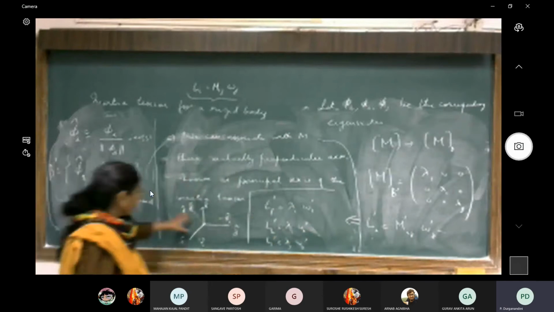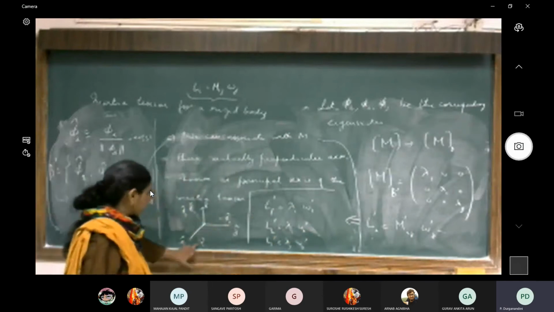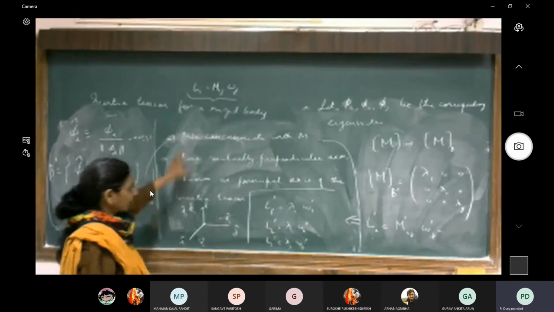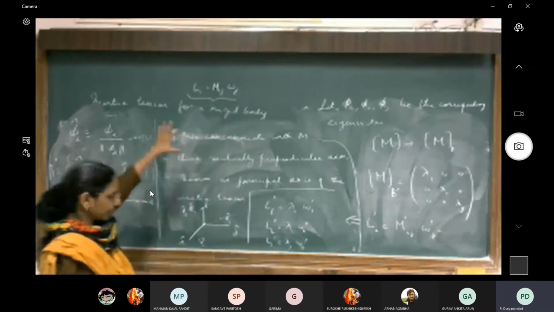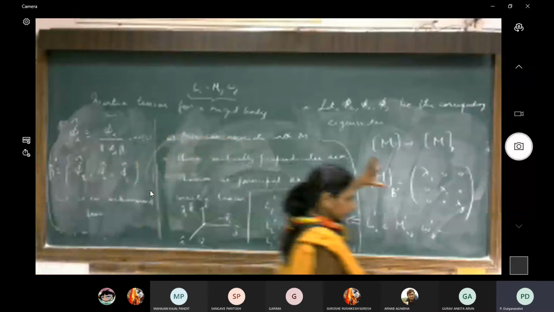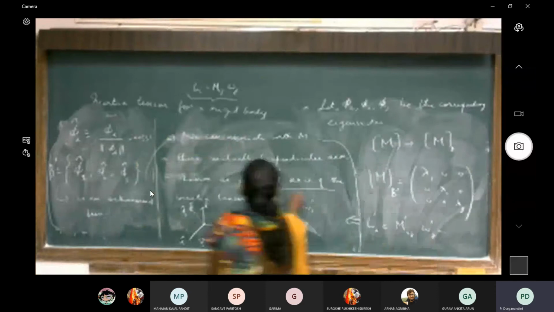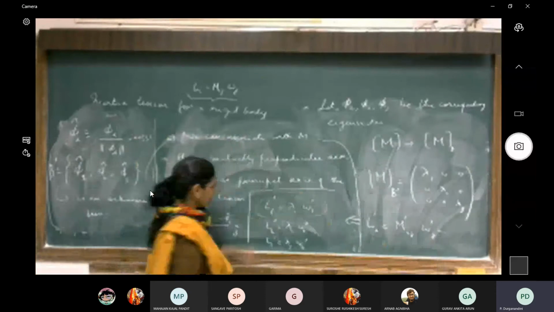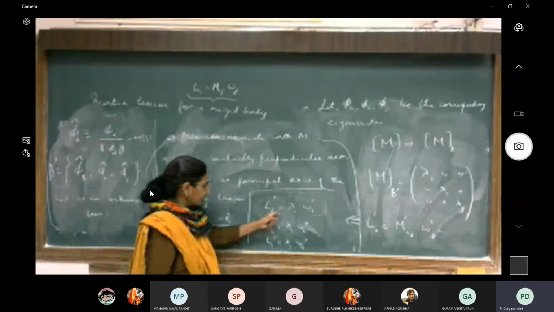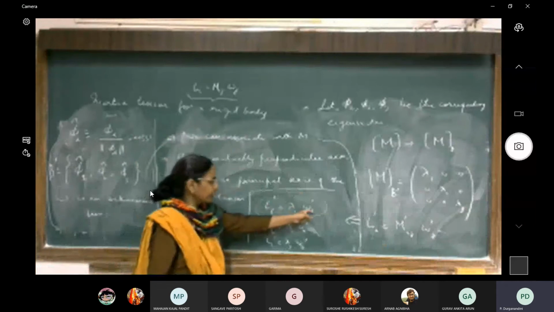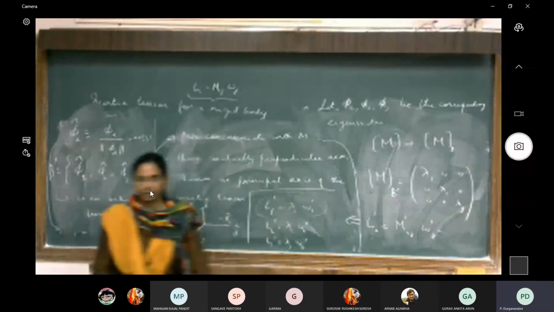So that means if I go to this choice of coordinate axes, phi 1 cap, phi 2 cap, phi 3 cap, or if I choose the three mutually perpendicular principal axes of my inertial tensor as the coordinate axes, then the angular momentum and the angular frequency have this very simple relation. In other words, the angular momentum is simply parallel to your angular frequency.